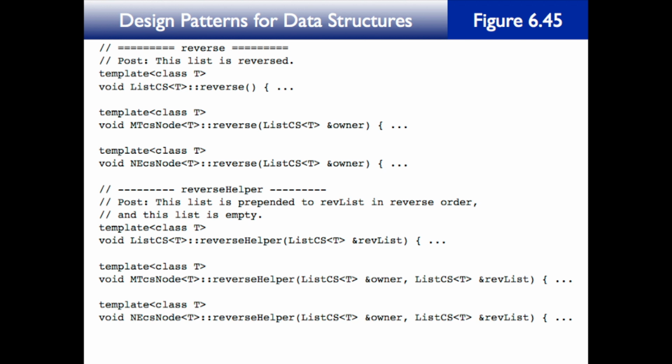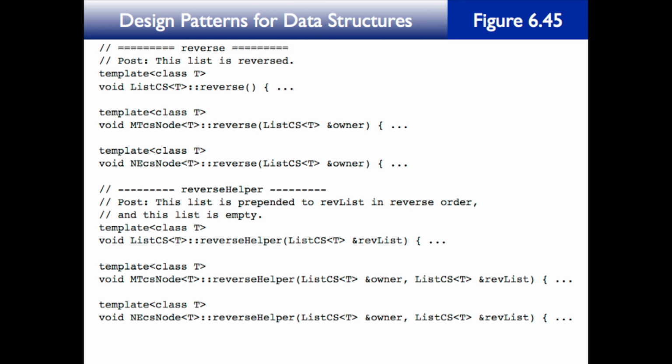Now let's take a look at the postcondition of the reverse helper. The postcondition is this list is prepended to rev list in reverse order, and this list is empty. You see now the parameter that gets passed to the reverse helper is called rev list.